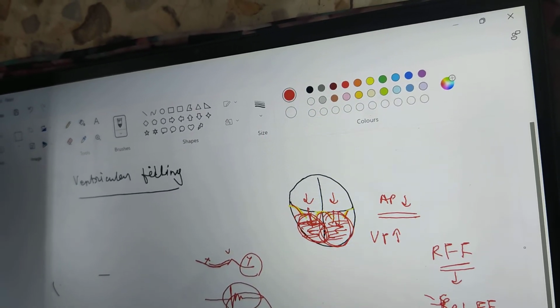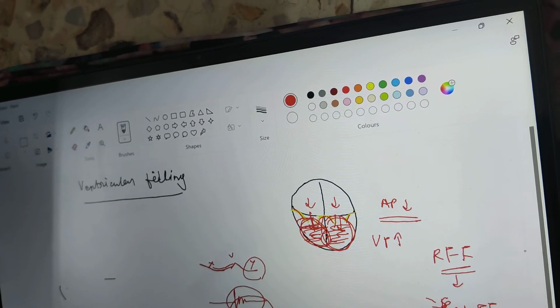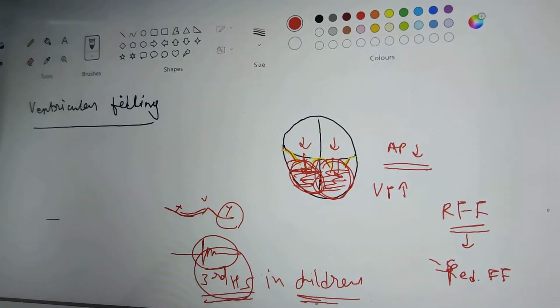This becomes a problem if the heart rate is increased, as the diastolic interval is shorter and can result in ischemia. Okay, thank you.